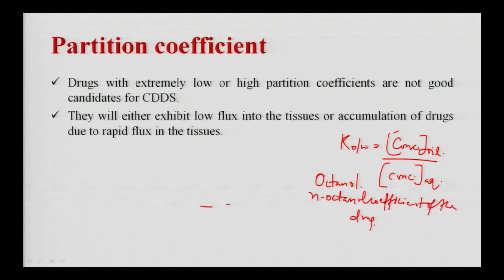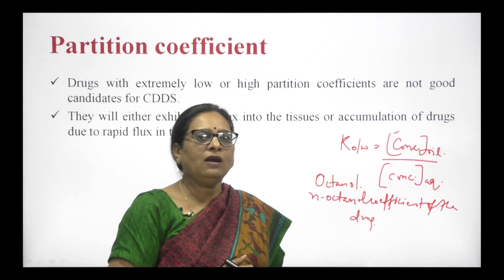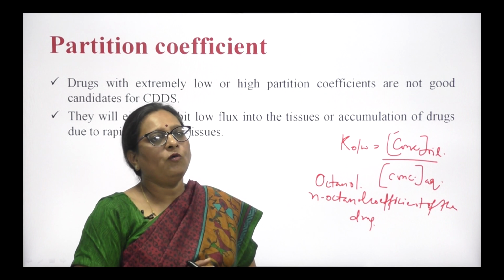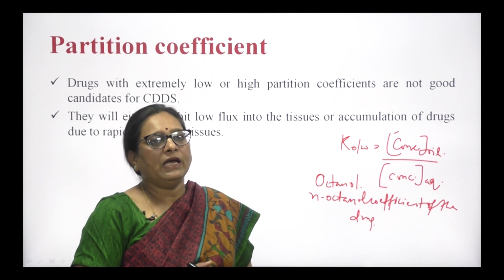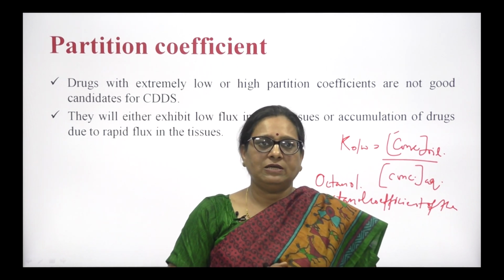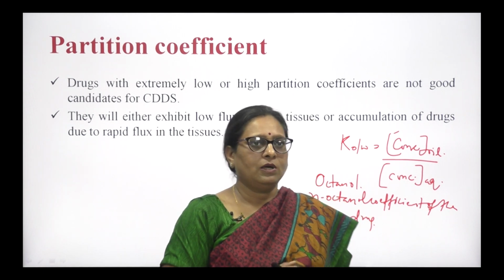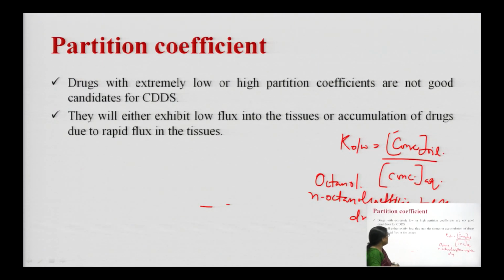Thus, partition coefficient or n-octanol coefficient of the drug will determine how much of the drug will be able to cross the biological membranes or will partition into the biological tissues. Drugs with extremely high or low partition coefficient values are not good candidates for formulating controlled drug delivery systems.